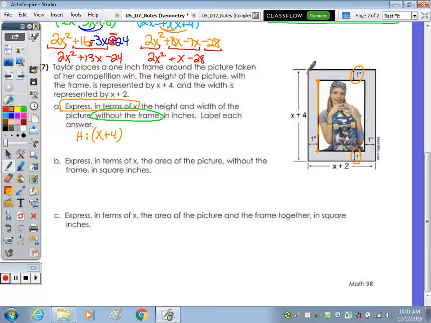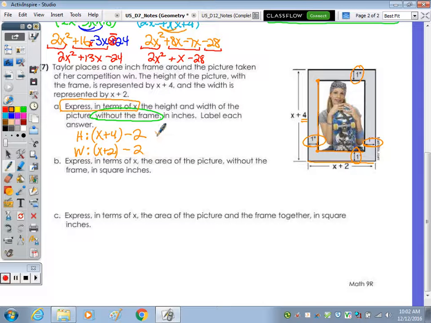So if the whole thing is x plus 4, we need to subtract these 2 inches in the height that's included in the frame, so minus 2. And then the width, same idea, only goes this far, but has 1 inch on each side for a total of x plus 2. So we take the total width that is included with the frame and subtract that 2 inches for the frame on each side.